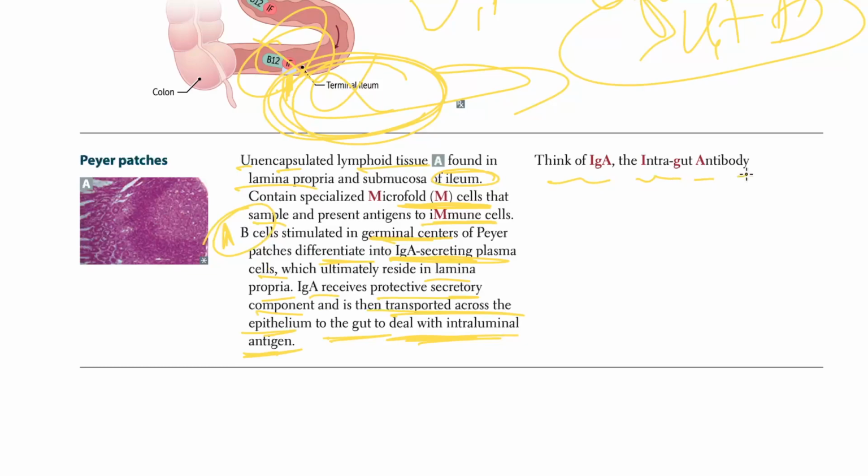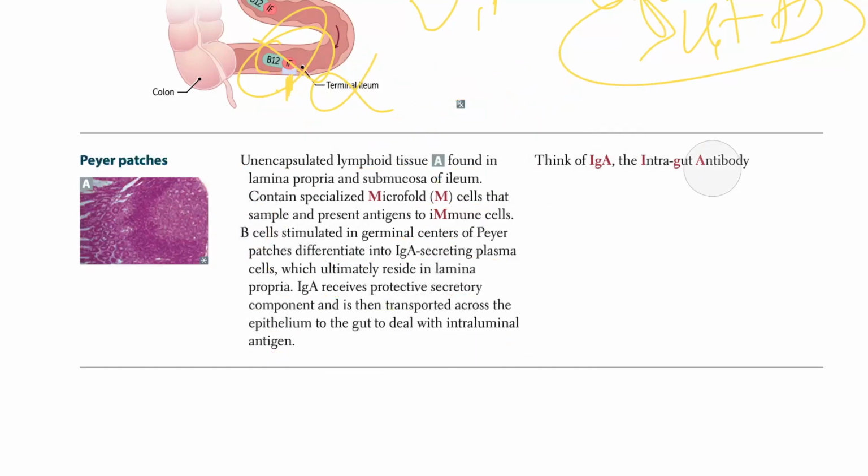So again, the Peyer's patches are in the lamina propria of the ileum. They have the M cells. What is the job of these M cells? They sample and present antigen to the big guy. Who's the big guy here? The B cell.